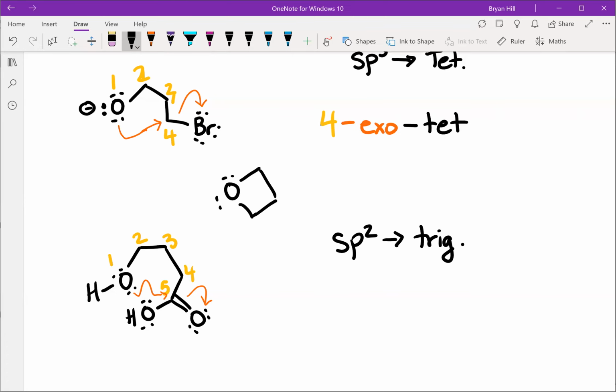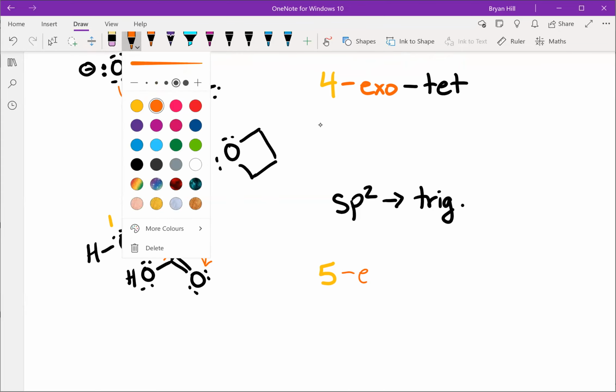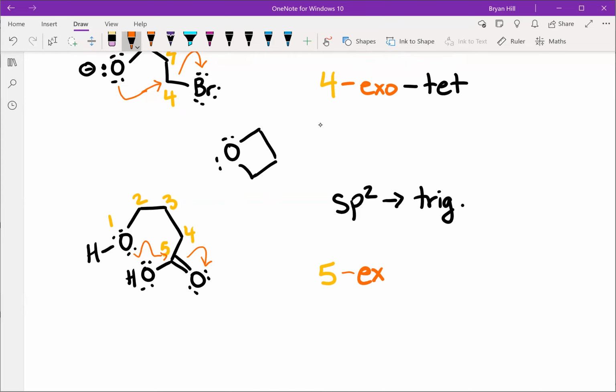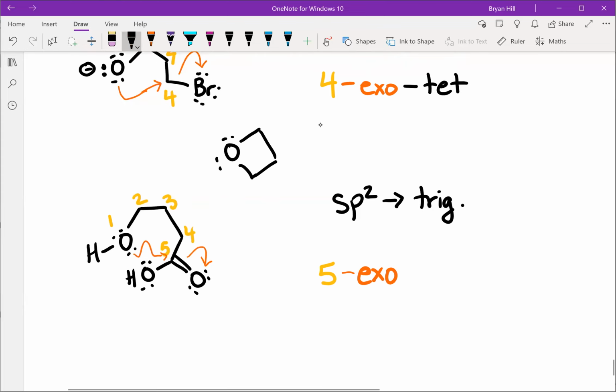Okay, so this reaction would be classified as we got 5 carbons, or 5 atoms, so 5. Again, this is exo. And in this case, it would be trig.